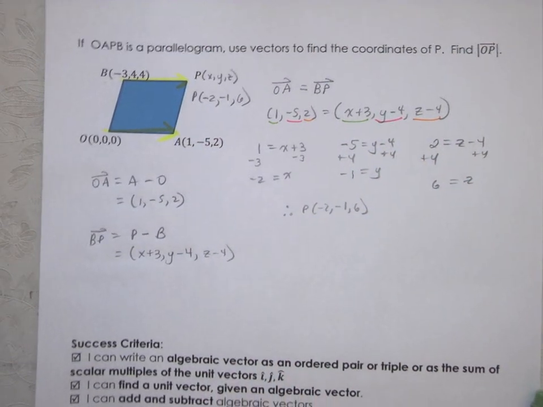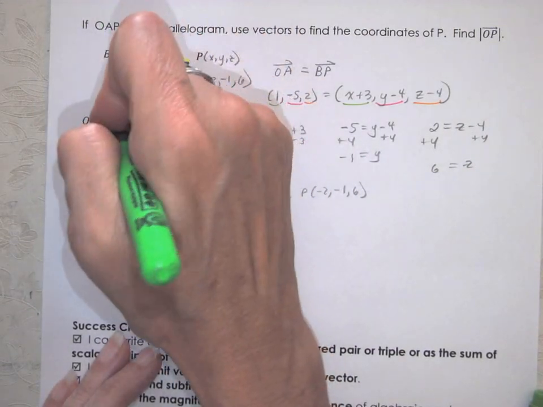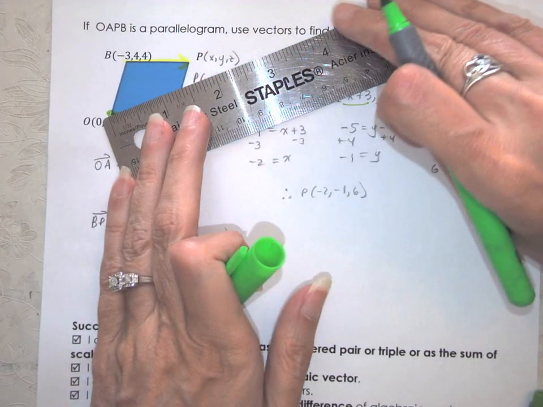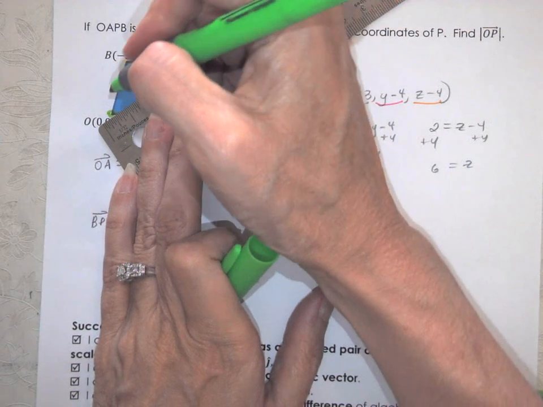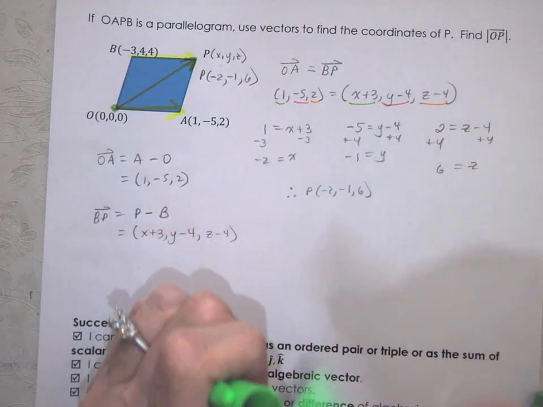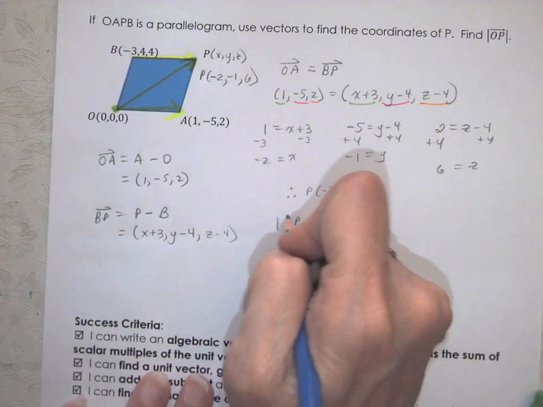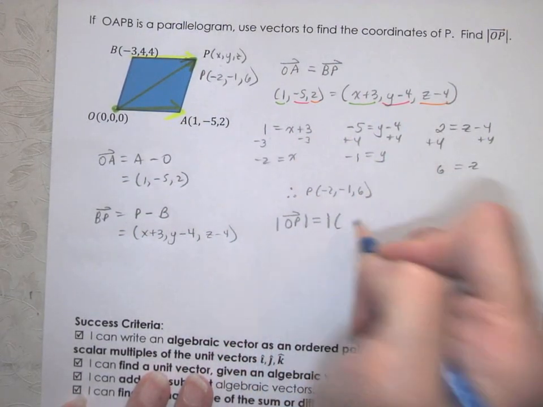We also have to find the magnitude of OP. So that's the vector from the origin O to point P that we just found. So the magnitude of vector OP is going to be the magnitude of the vector.